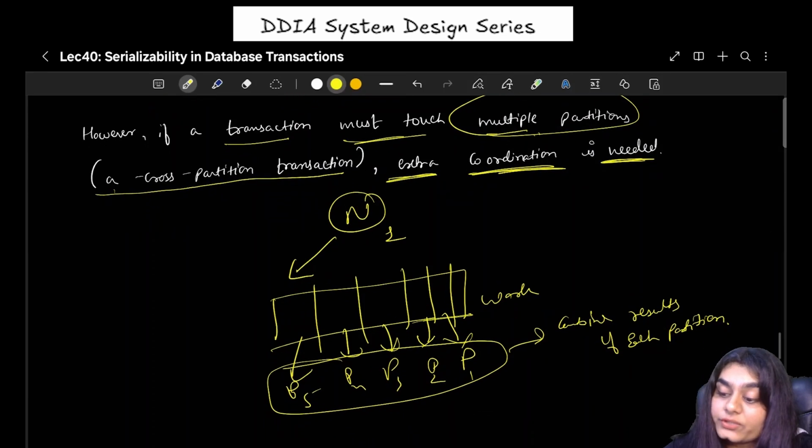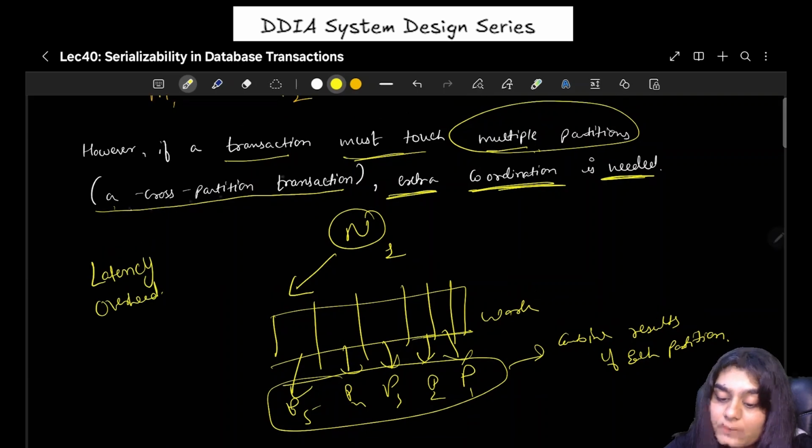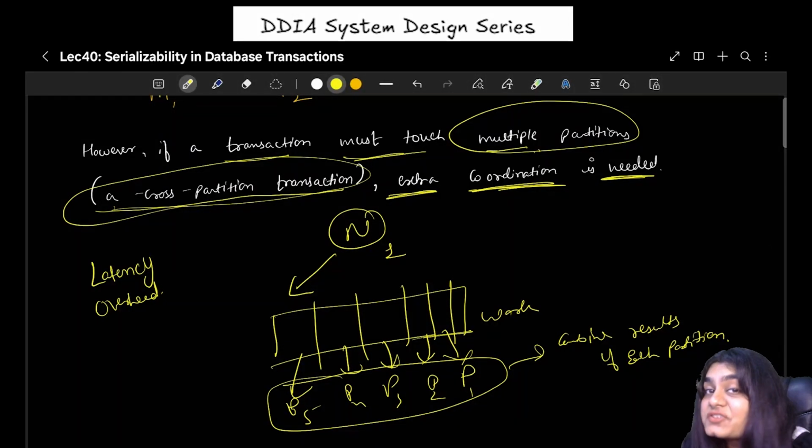Now, this coordination adds latency and overhead.